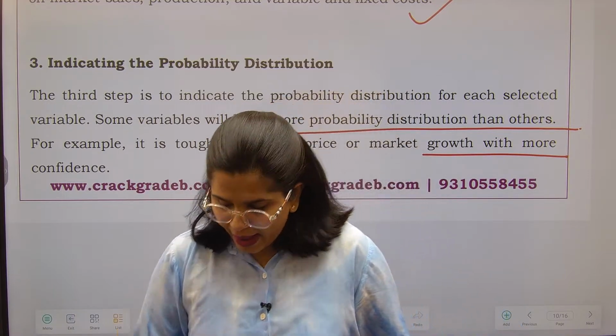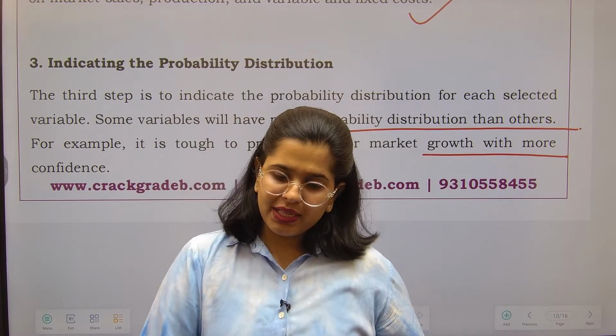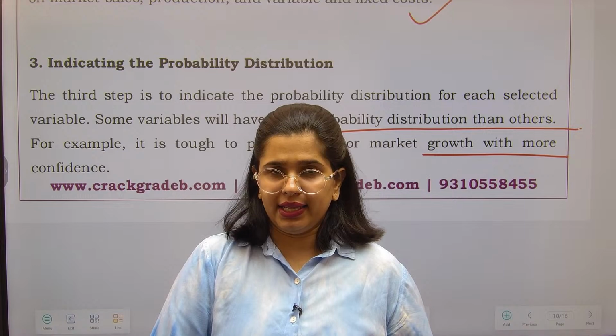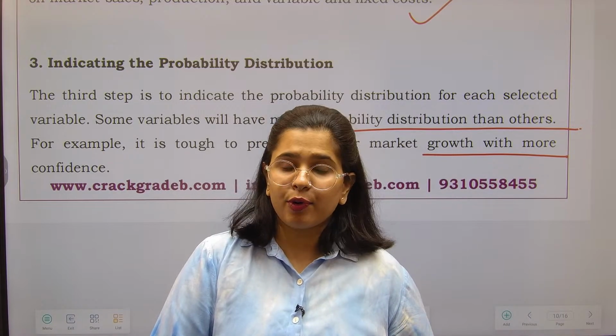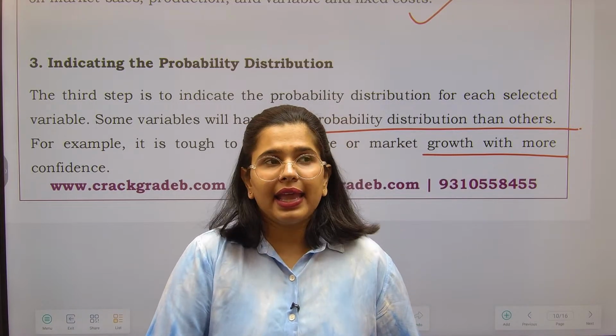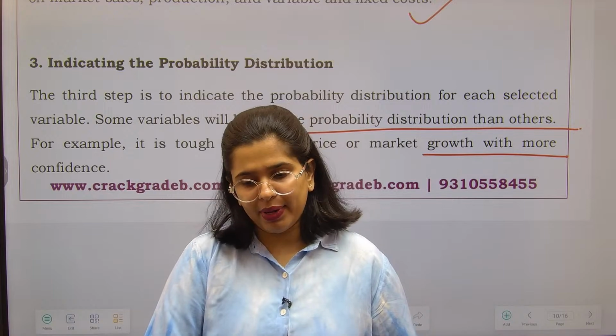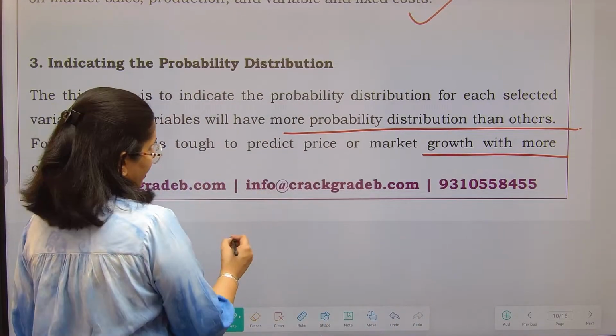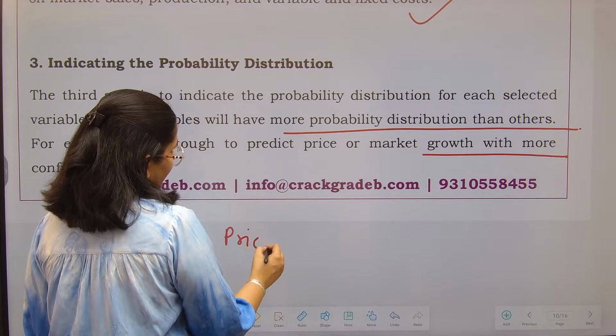That way. So high probability distribution means when you do not have much surety about anything, in that case the probabilities are higher. There can be n number of things in the probability. Okay. So for example, if I am talking about, let's say, market price, right? I do not know what market price could be.